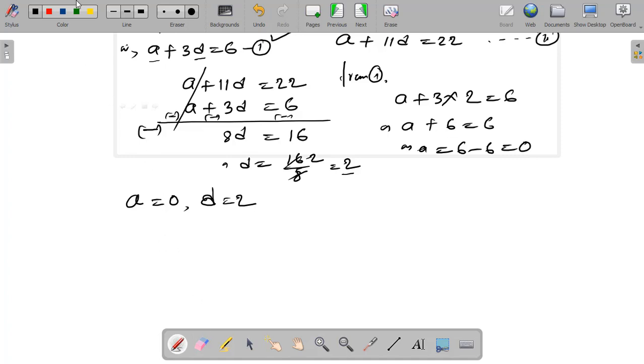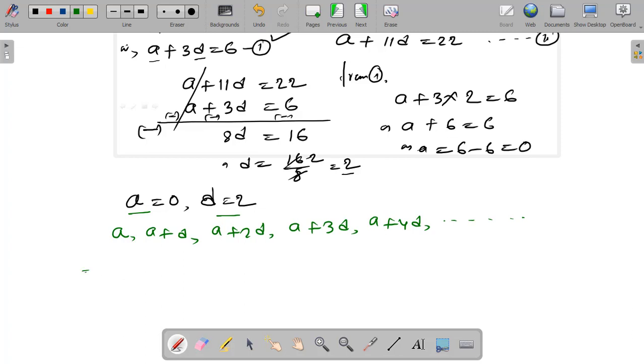Our general form of the AP is a, a plus d, a plus 2d, a plus 3d, and so on. Now we put the values of a and d in this AP.